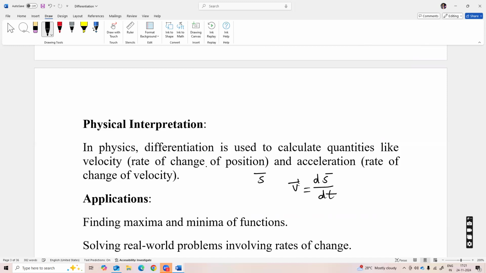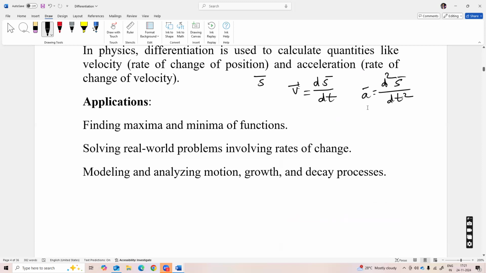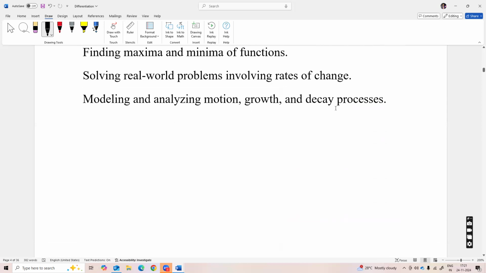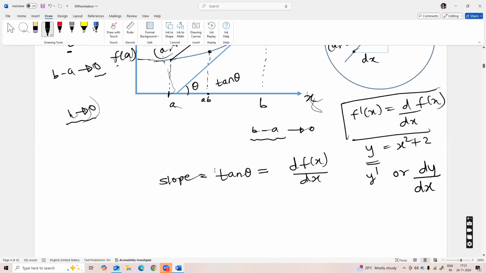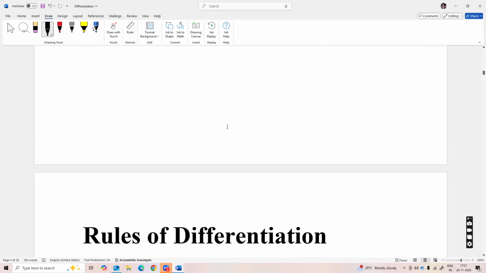If you take its double derivative, d2s by dt square, the double derivative of displacement will give you acceleration. So this has many applications in actual physics. It will help you find maxima, minima, and analyze problems related to motion, as well as decay and growth processes. So this was the basics for differentiation.